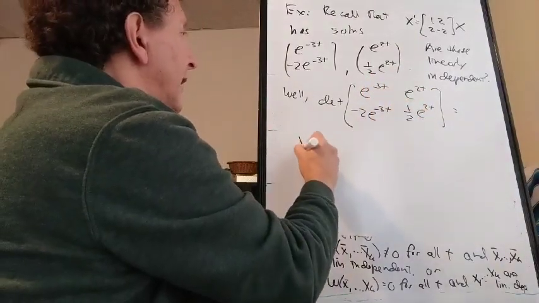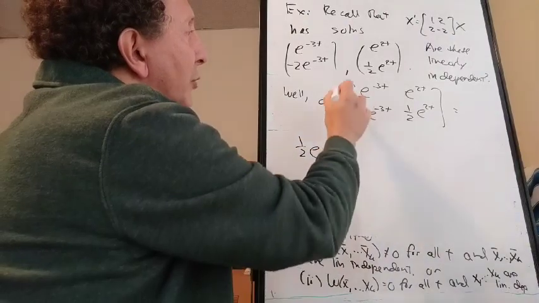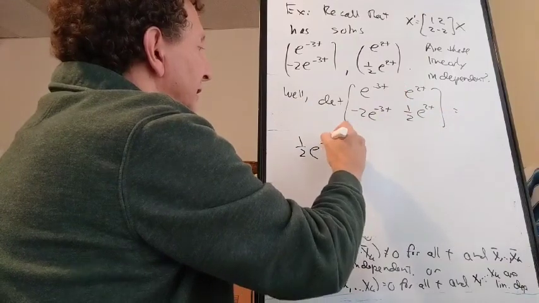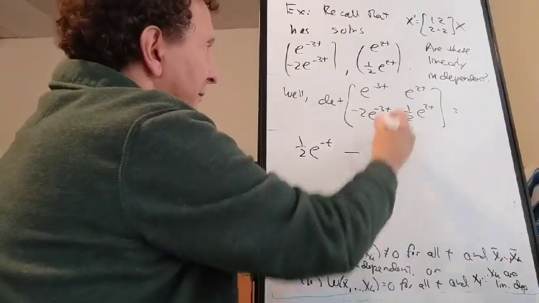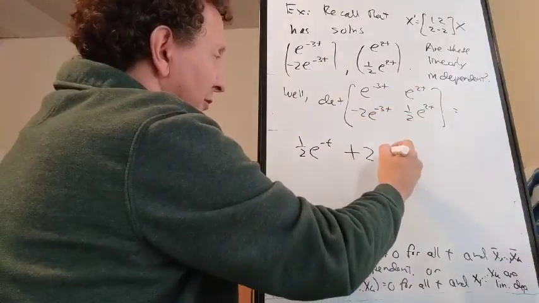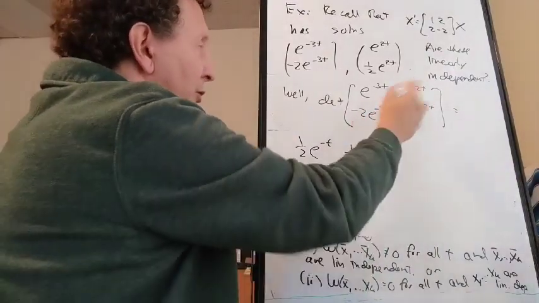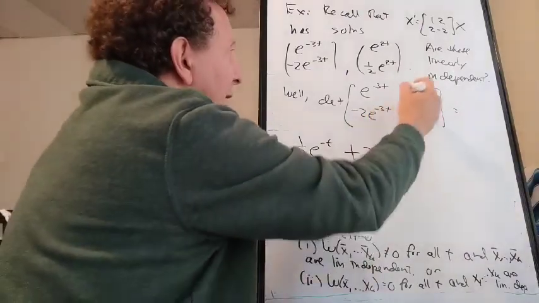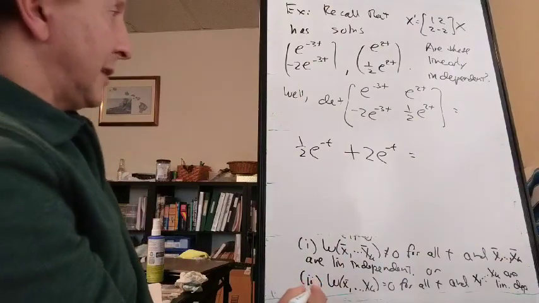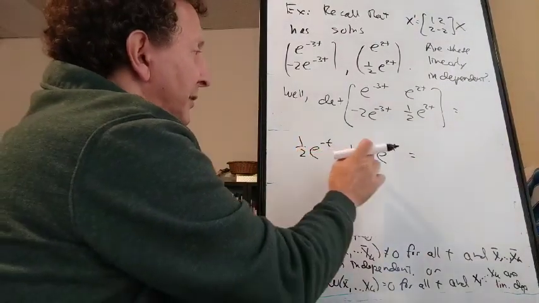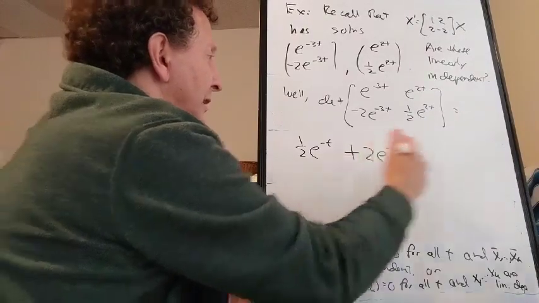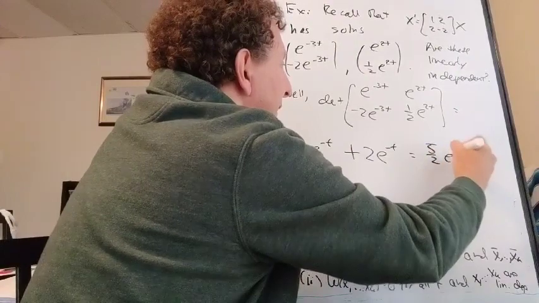When we multiply exponentials, we add the exponents, so 2t minus 3t is negative t, minus negative 2 times e to the negative 3t times e to the 2t, which again gives e to the negative t. So that determinant is half of this plus 2 of this, 2 is 4 halves, so 5/2 e to the negative t.